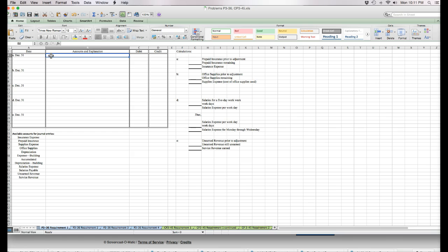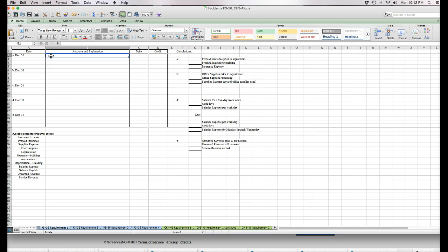An unadjusted trial balance means that we have done all of our journal entries, but we haven't done our adjusting entries yet. So on page 188 it gives you the different balances for our accounts, including all the journal entries that we've done up until this point in time, prior to the adjusting entries.